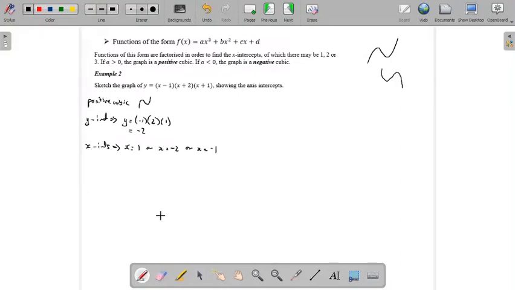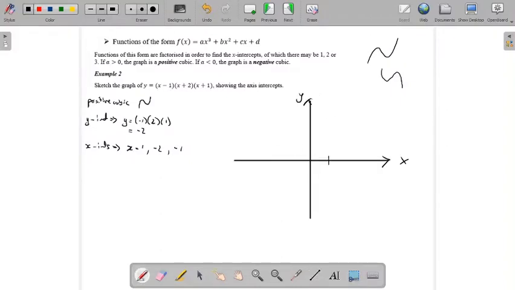Okay, so our x-intercepts from here by using the null factor law will be x equals 1, negative 2, and negative 1, because either x minus 1 is 0, or x plus 2 is 0, or x plus 1 is 0, giving us these answers.